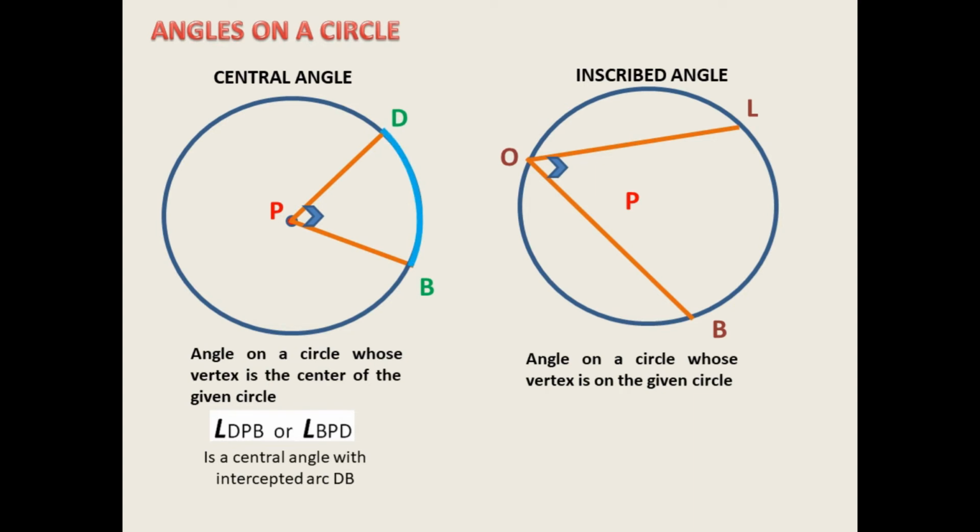So this arc DB is called the intercepted arc of angle DPB, while angle LOB or angle BOL is an inscribed angle where its intercepted arc is arc LB. So an intercepted arc is an arc of a circle along the opening of the given angle. So let's repeat: in a central angle, the vertex is on the center of the circle, while in an inscribed angle, the vertex is on the circle.